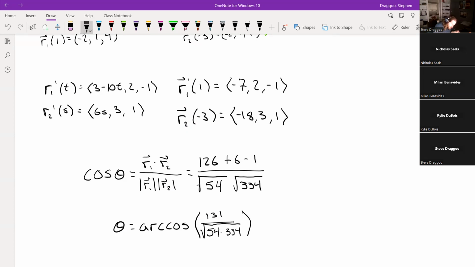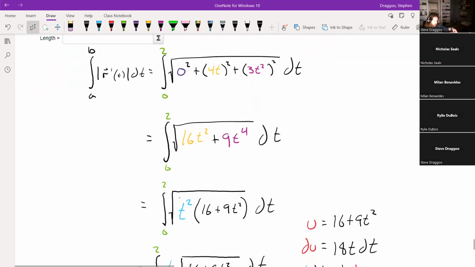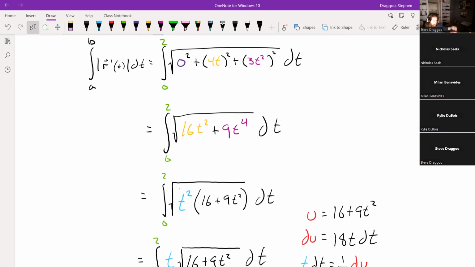These are all supposed to be primes here, and here, and here, and here, and here, and here. But this is just the formula from the dot product, because that's the easiest way to get to an angle between two vectors.